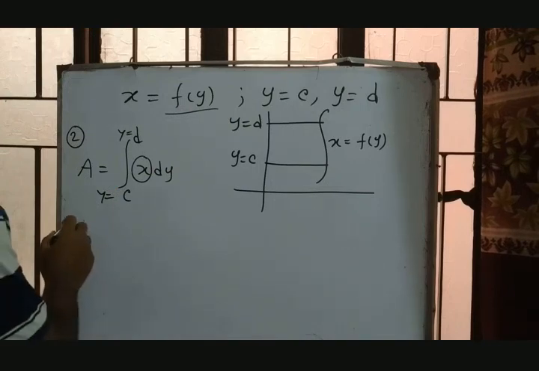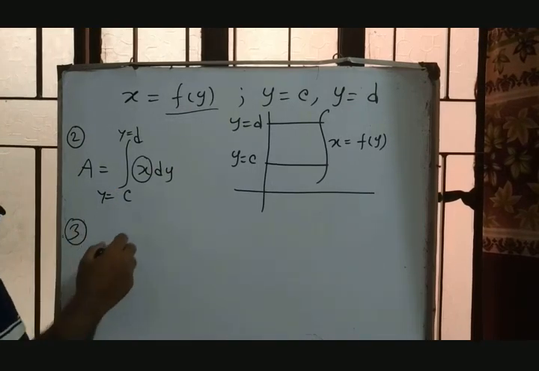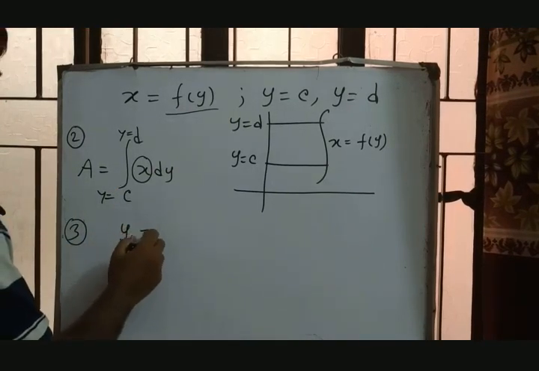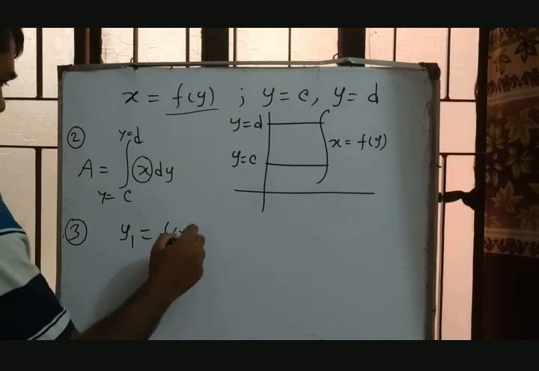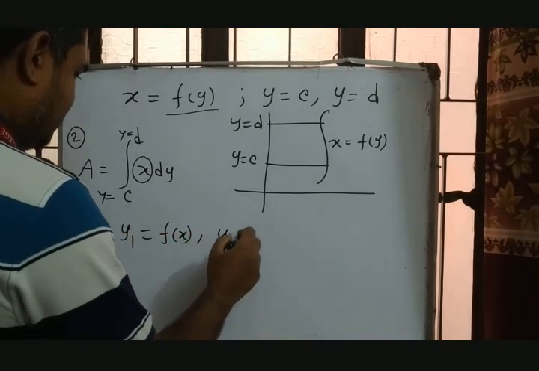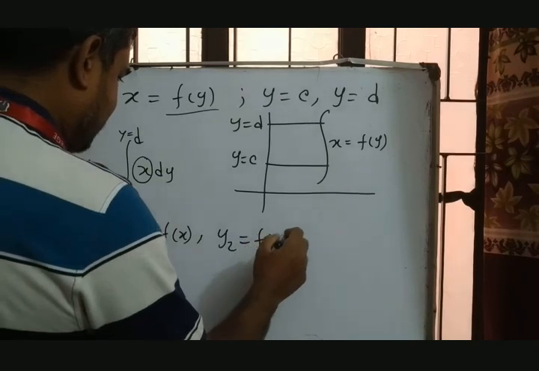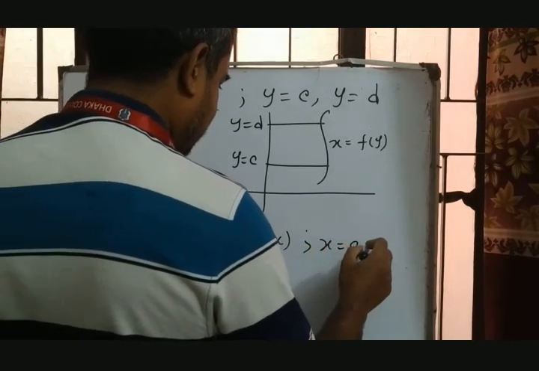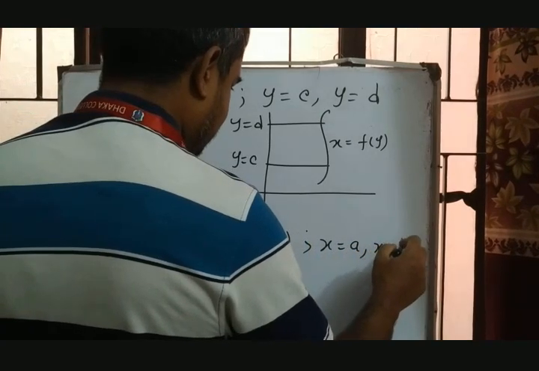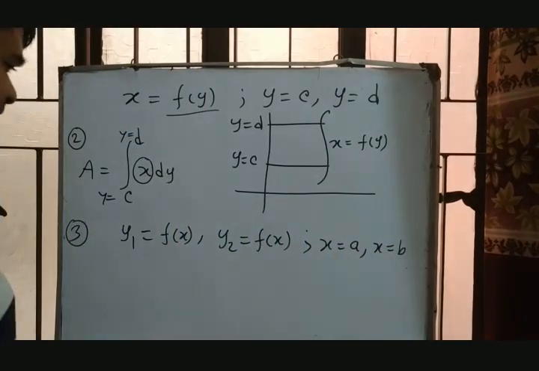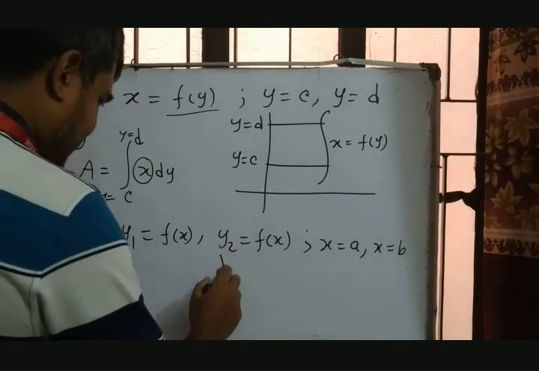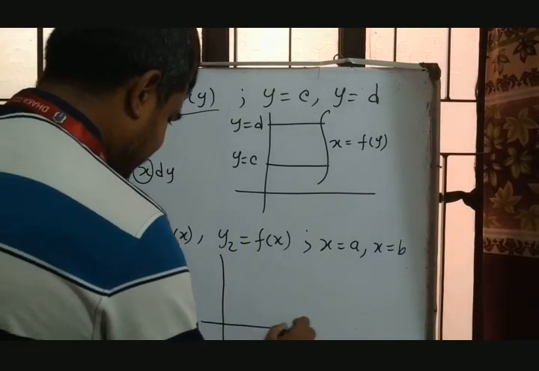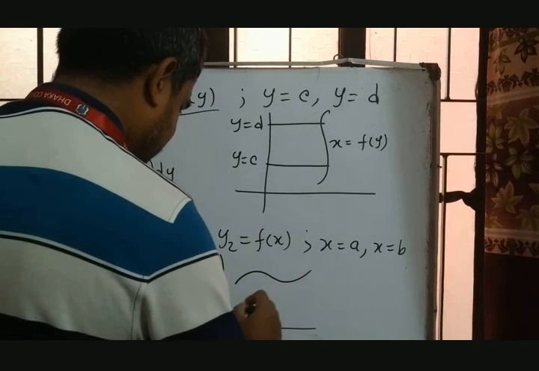Number 3, if the function is two function, y1 is equal to f of x and y2 is equal to function of x, and the limit is x is equal to a, x is equal to b. In that case, the figure is this.